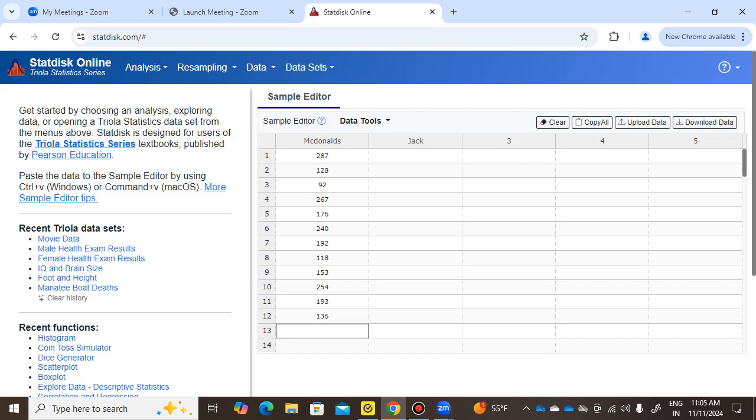So there's 12. Yep, 12. Let me just double check, make sure I got them all. If you miss one, you can just put it on the bottom of this. It won't affect anything.